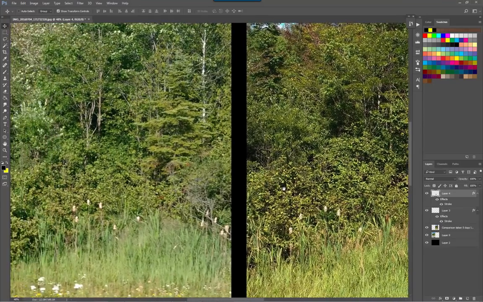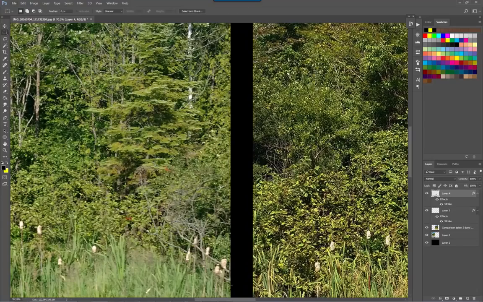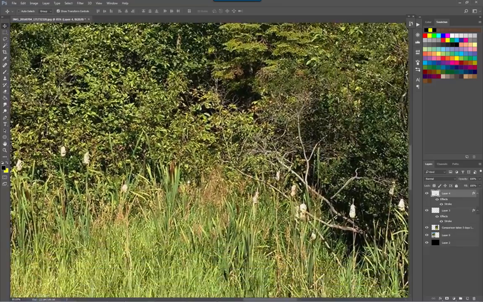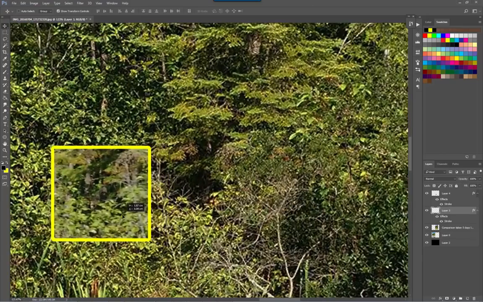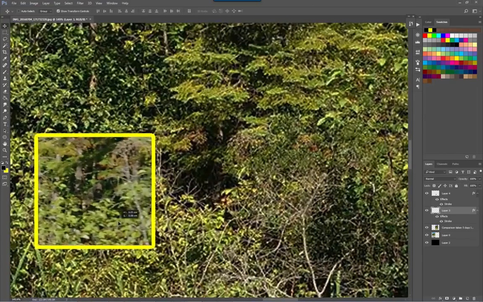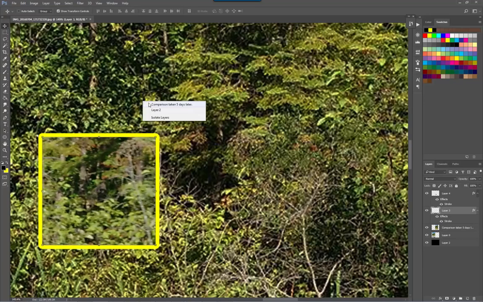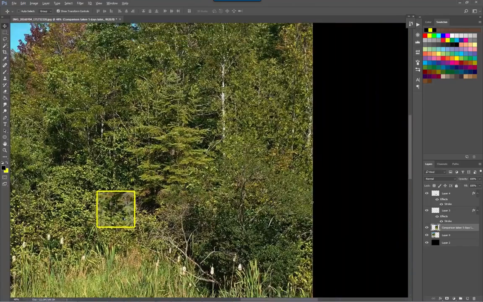And yeah, this is what we're looking at, which isn't in the comparison. Just here. Yeah, it's not there. It's as simple as that.